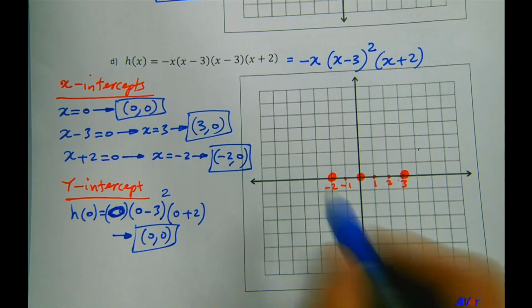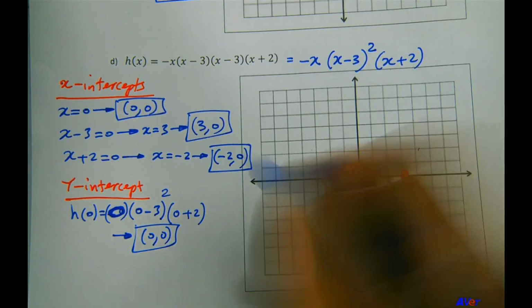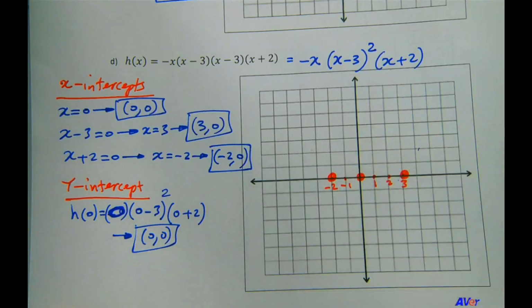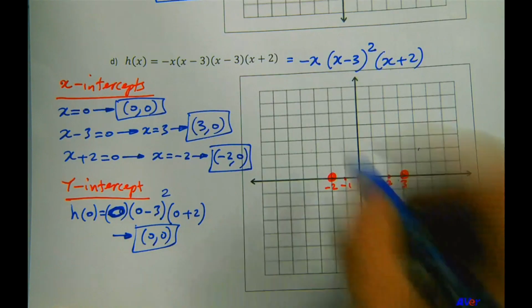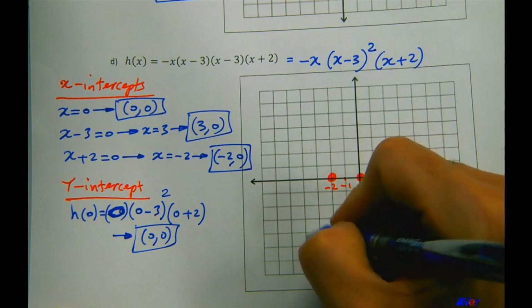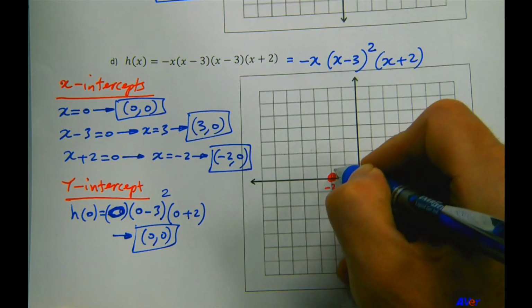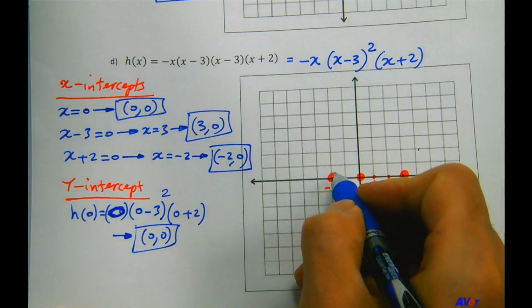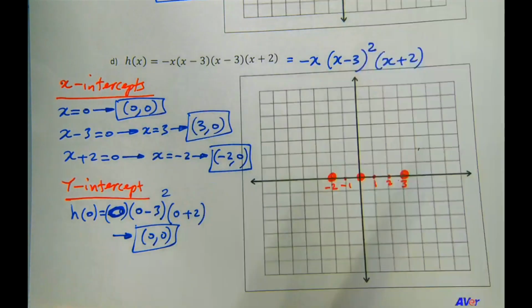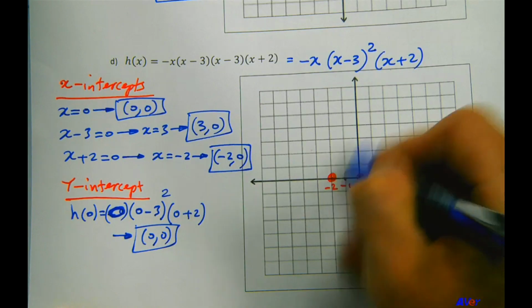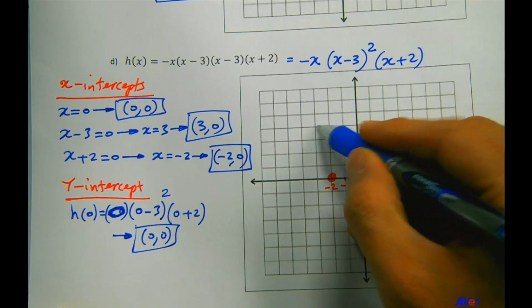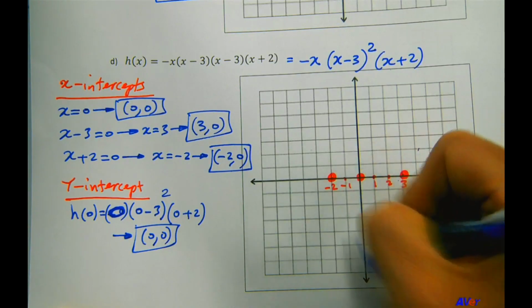But the question now is, I'm going to draw this graph from left to right. I know at (-2, 0), the line should go across the x-axis. So if I'm coming from below, the line should go right through. If I'm coming from above, the line should cross the x-axis like that.